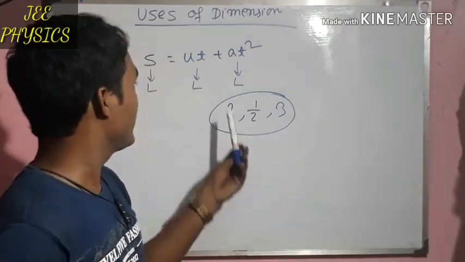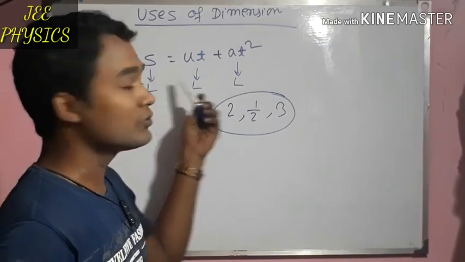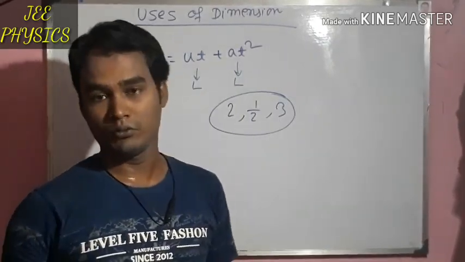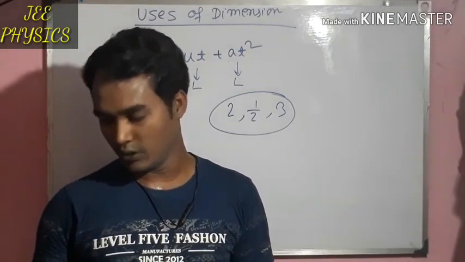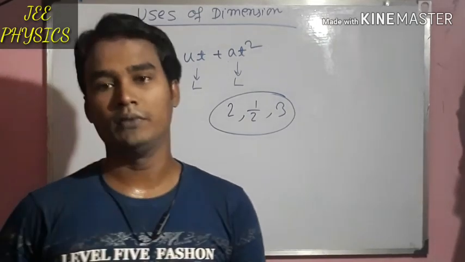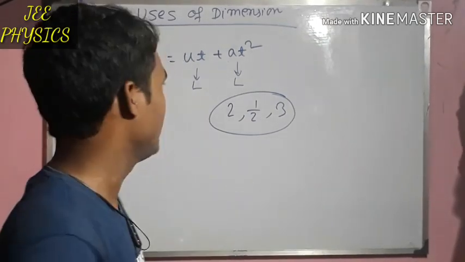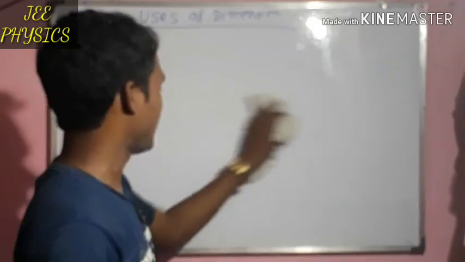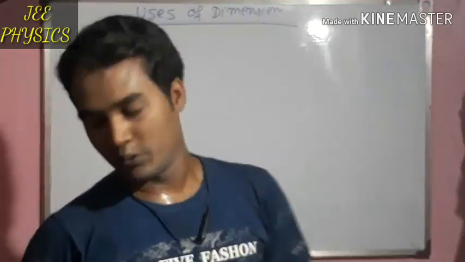So be careful about the use of dimension. This number will not come through dimensional analysis. You have to remember this number in the equation. You can check the form of the equation using dimension. So this was homogeneity of dimensional equation.